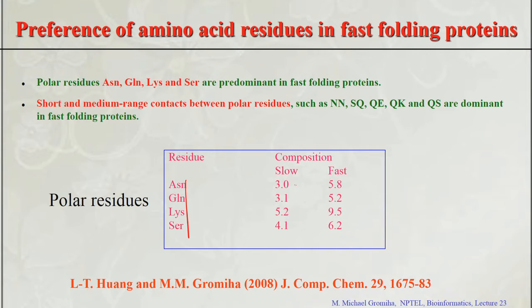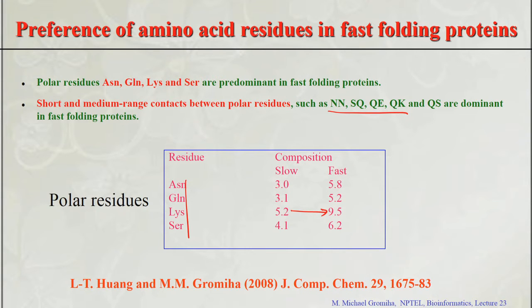The difference between slow and fast folding is 5.2 versus 9.5, about 2 times. Likewise, these residues occur highly in fast folding proteins compared with slow folding proteins. Also, among the medium range contacts, you can see that contacts between the polar residues are dominant in the fast folding proteins. Earlier we discussed these interactions, contacts as well as the composition, and that agrees with the experimental data for the fast folding proteins.